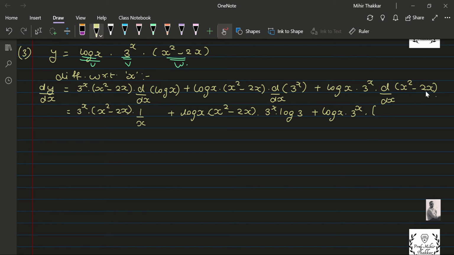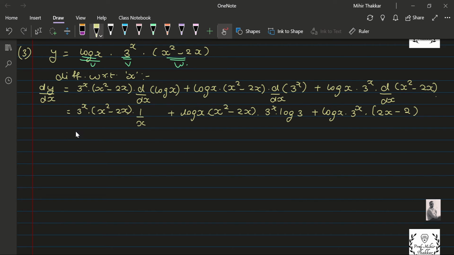Inside the bracket, we will apply the formula for x raised to n. X square, x raised to n, the answer will be 2 into x raised to 2 minus 1. So I get the answer as 2x minus derivative of x is always 1. So I get 2 into 1, which is 2.